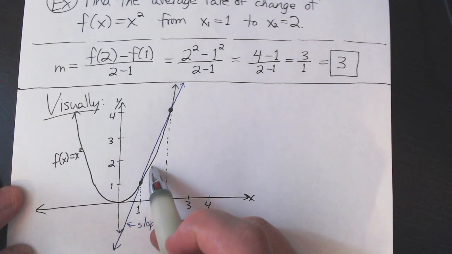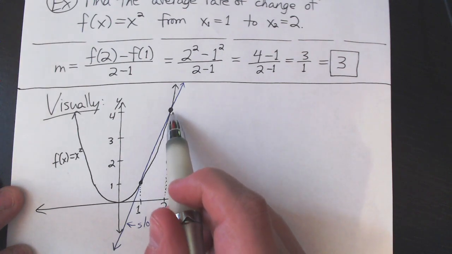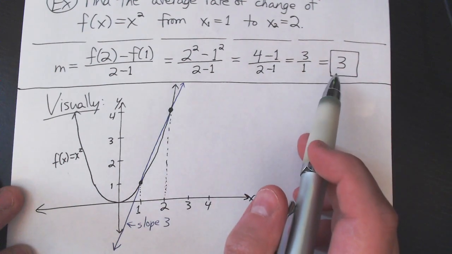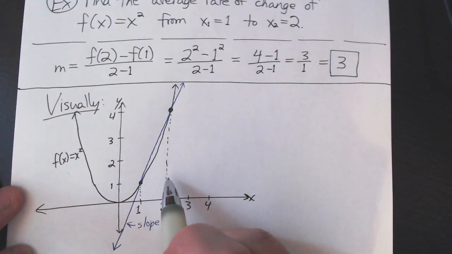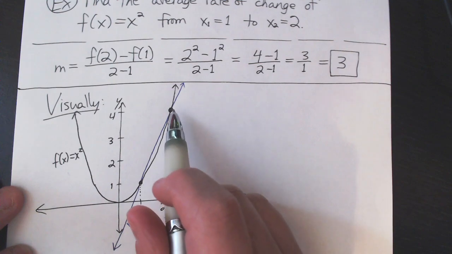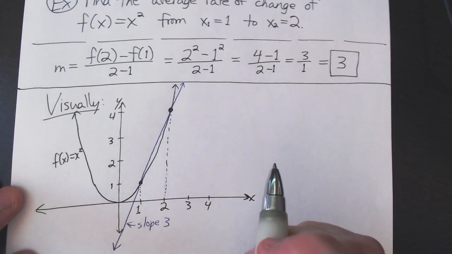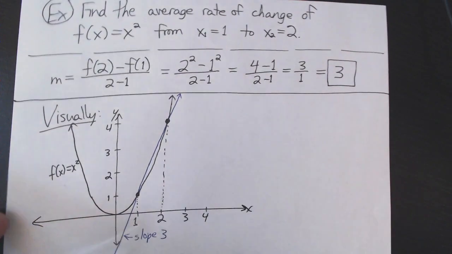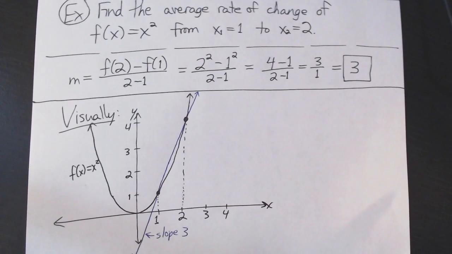It is increasing with an average rate of 3. For the 1 unit that we go over, we go 3 units up. Okay, so that's why we talk about average rate of change. It's a little bit like slope, but it helps us with things that don't have to necessarily be straight lines.